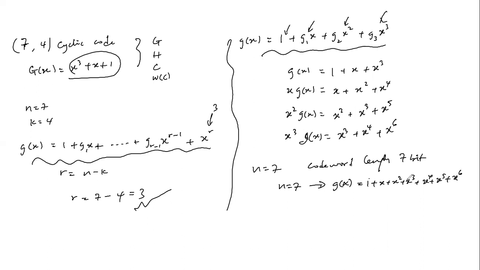That's 1, 2, 3, 4, 5, 6, 7. And then by representing the above in binary format, that's this.